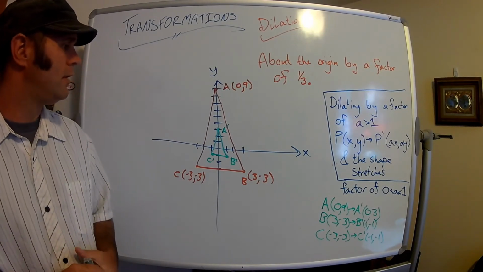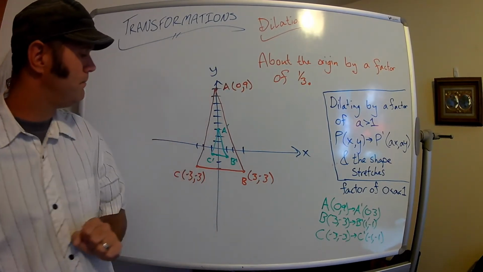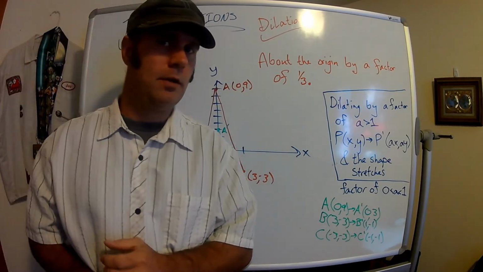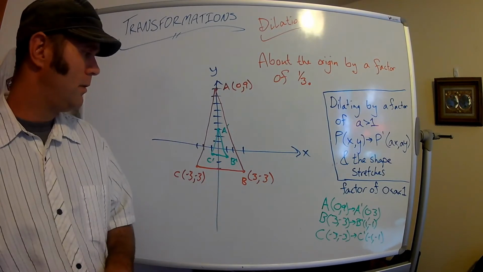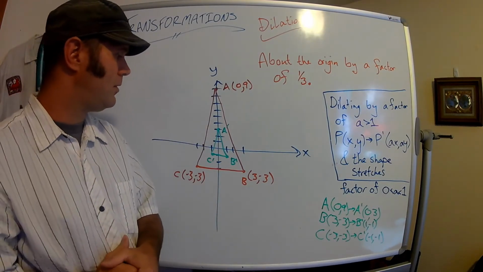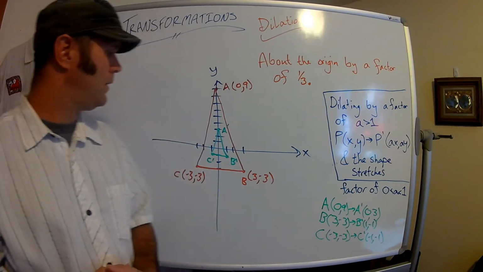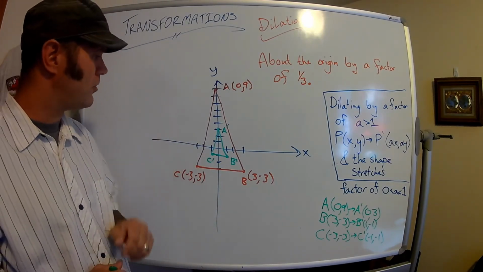Pretty nice. So I just shrunk it down. These are similar shapes. They are the same shape, but they are not the same size. They are what we would call proportional. So there's some proportions going on.